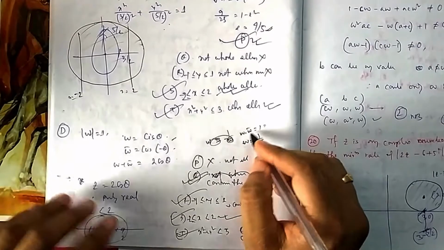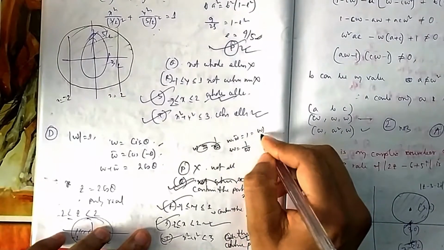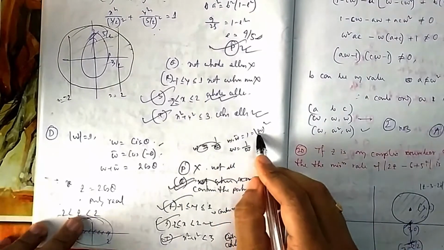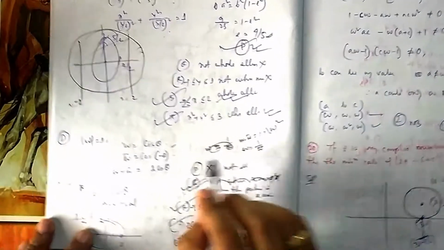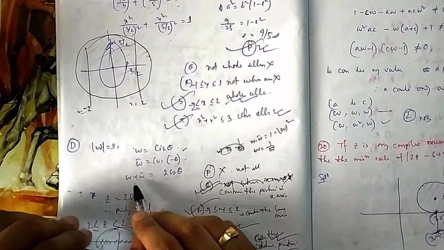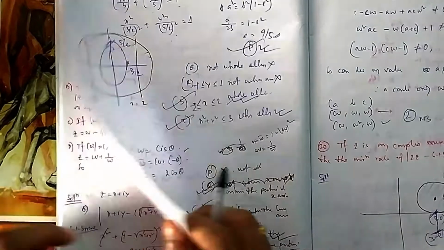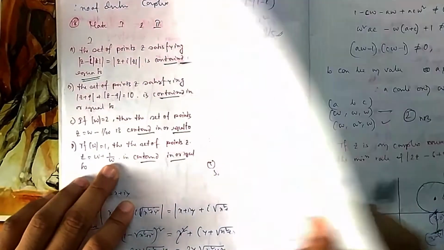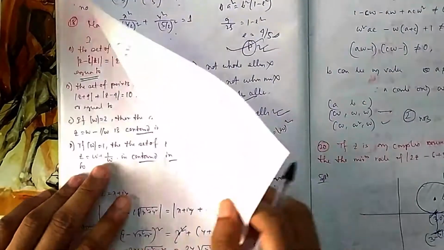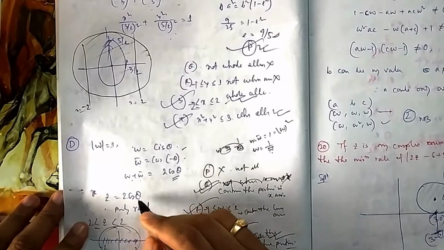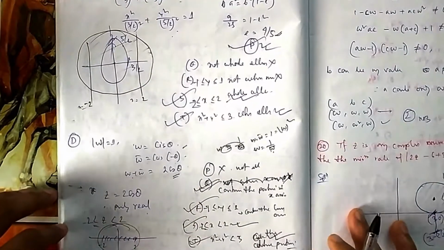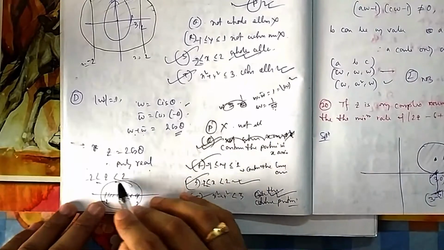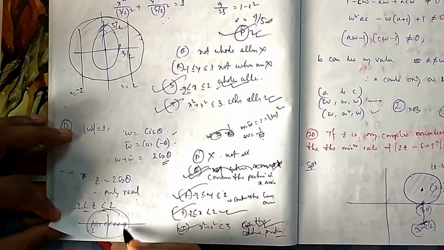This is always true if it is unimodular, because the modulus is given as 1. So omega bar is this one. If you add omega plus omega bar, because 1 by omega is nothing but omega bar, it will always be 2 cos theta. It is always purely real and its value will always lie between minus 2 and 2. So from here to here is your solution.